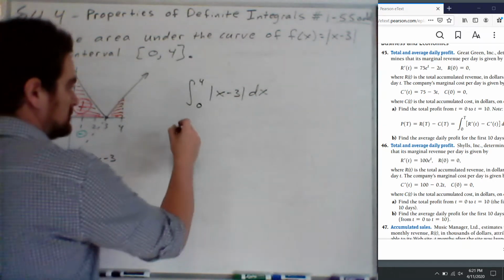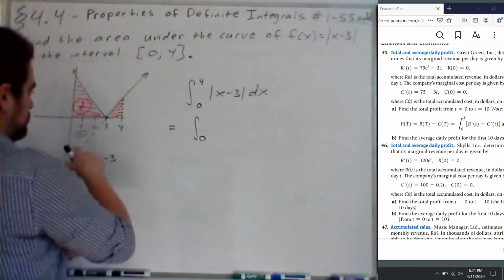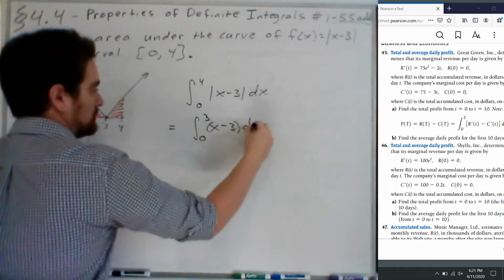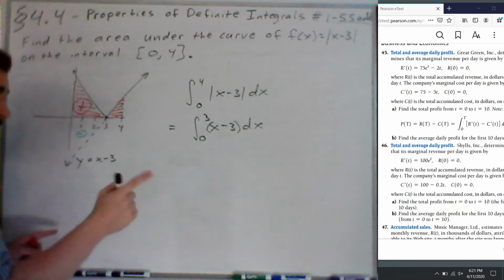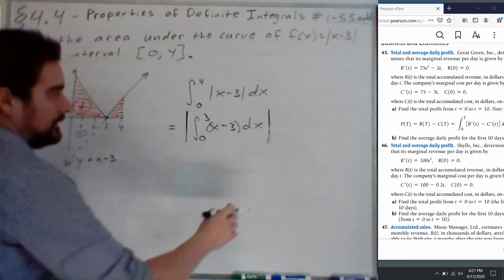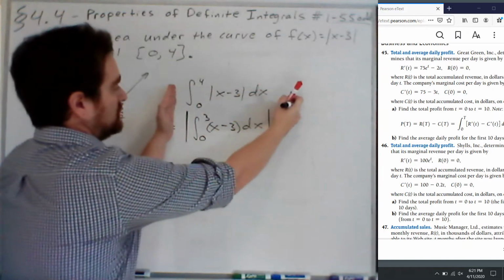So the way to fix that is to integrate from 0 to 3 that linear function x minus 3 and just take the positive version. And the function that gets that done is the absolute value function. So I just want to say that I'm not simply taking the absolute value and just pushing it outside.